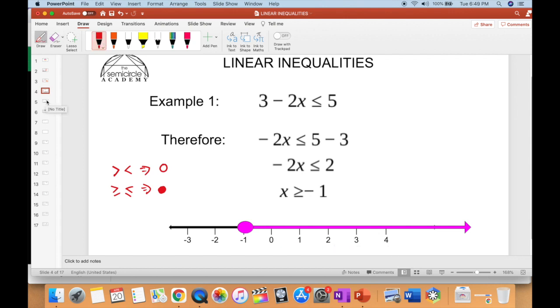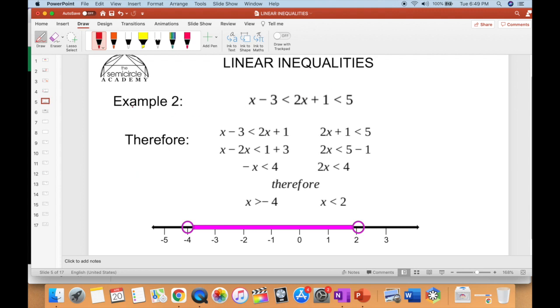Let's look at another kind that looks kind of scary. So this next question is going to look kind of scary, but it's just the same thing over and over again. So check this question, right? You actually want to solve for x, but look how this looks. This has x minus 3 is less than 2x plus 1 is less than 5. Now we've seen something like this before.